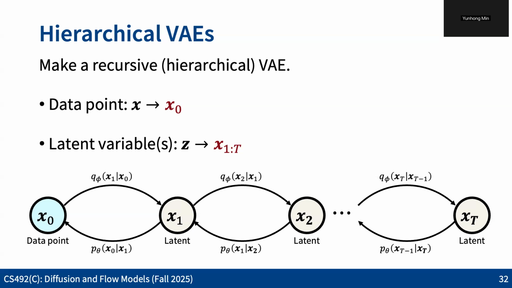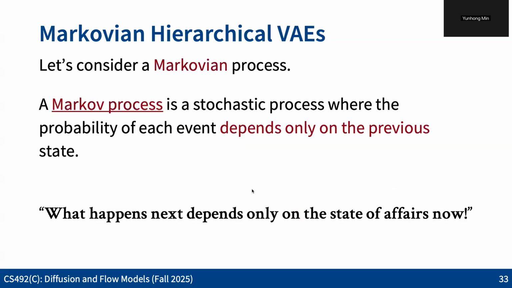The mapping from the data points all the way to the initial Gaussian distribution is defined with a multiple-step Markov process. While we have multiple layers, we still simplify by assuming a Markovian process.